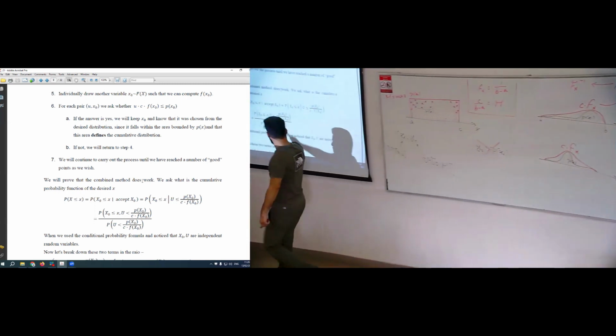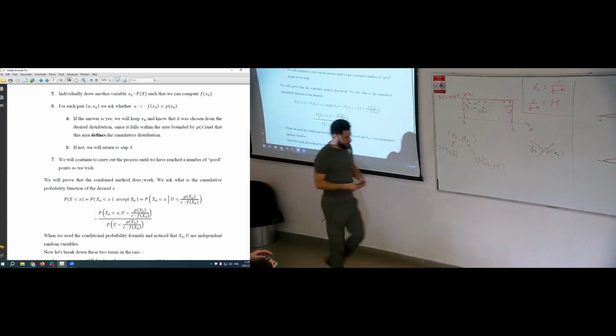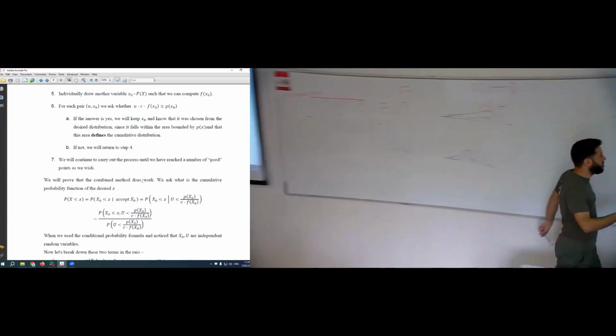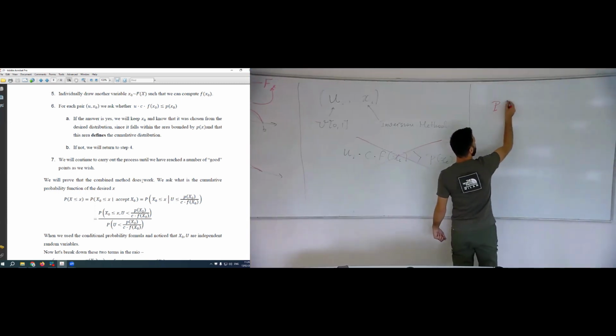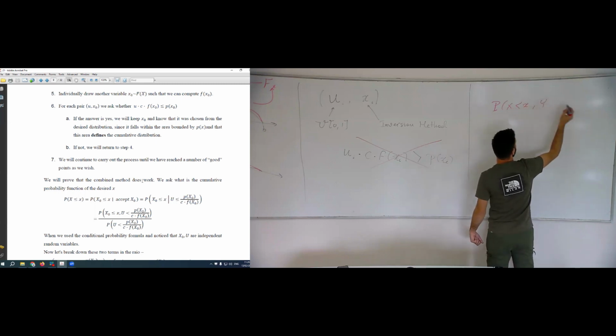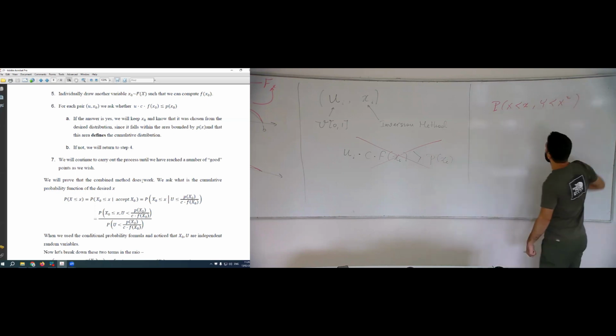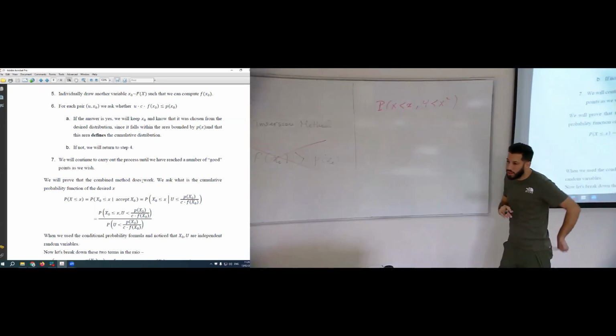Because okay, they are independent, but we have x0 here and we have x0 here. If you have, for example, x and y that are independent, and you want the probability of x being smaller than some x and y being smaller than x squared, it's not the multiplication between them.